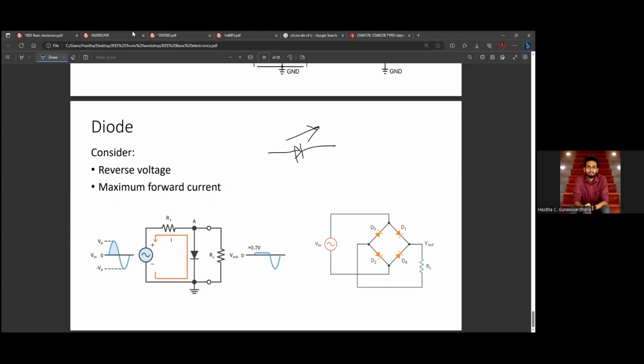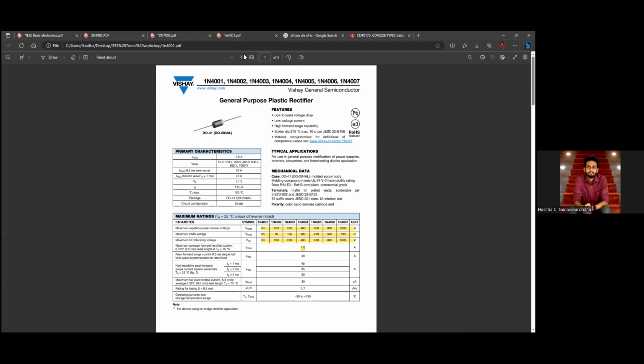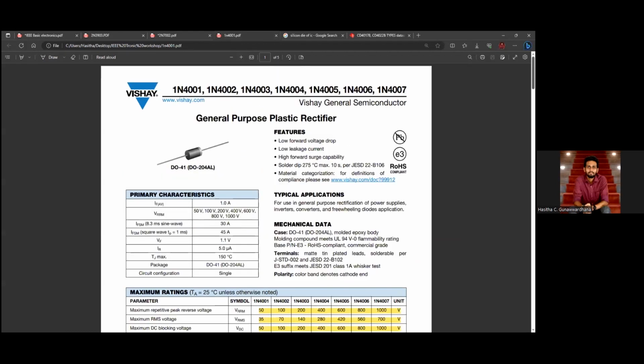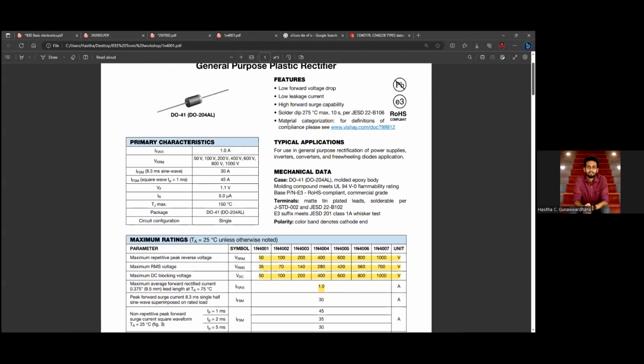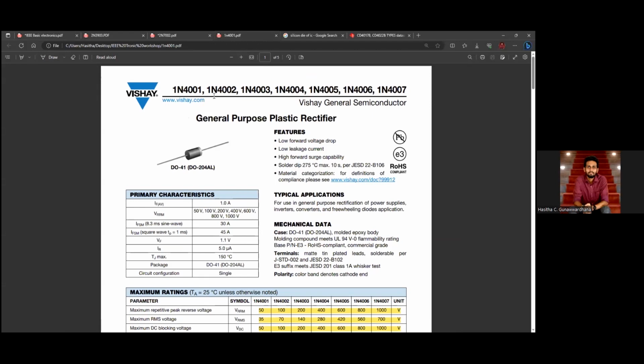So for example, this is a very general purpose diode. You can see these diodes inside your phone chargers, CFL bulbs, and many other things. This is a data sheet for this whole series of diodes, for all of these diode models.